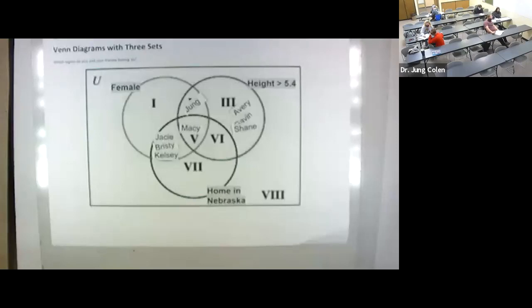Okay, the last one. A complement union B. Let's take a look. A complement is outside of the A. So who are they? The boys, right? Or B. So we need to add John and Macy to the boys, right?